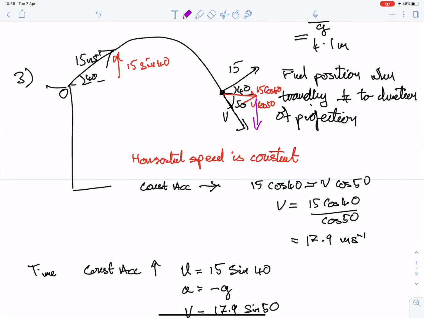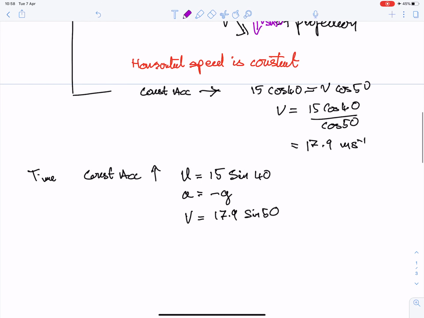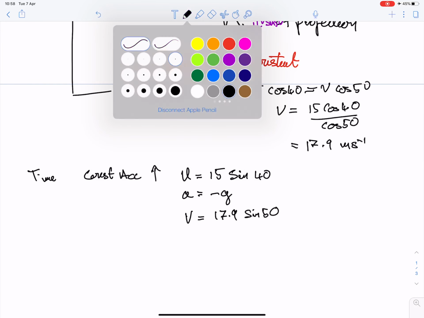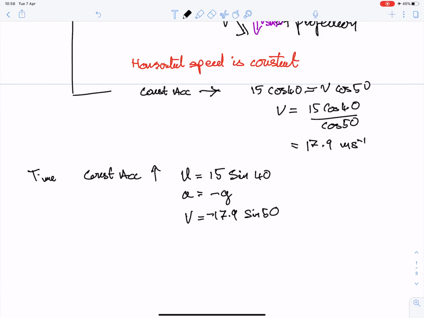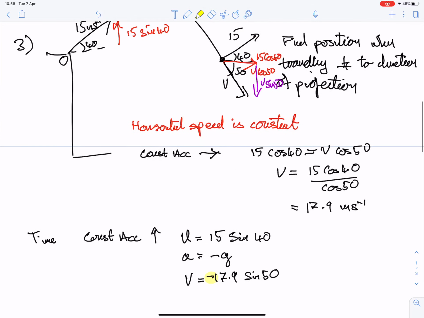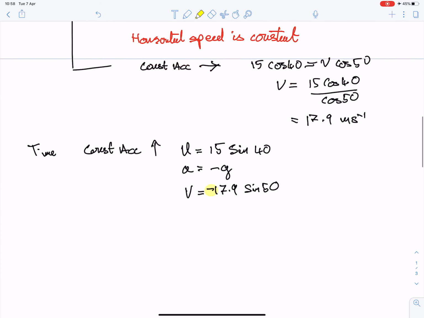So the vertical speed here is v sine of 50. But what do we notice there? It's going downwards. So that must be negative. And that's probably the most likely mistake that people make on there. That's negative because this speed now is down, and we've got positive as up. t is the time that we're looking for.